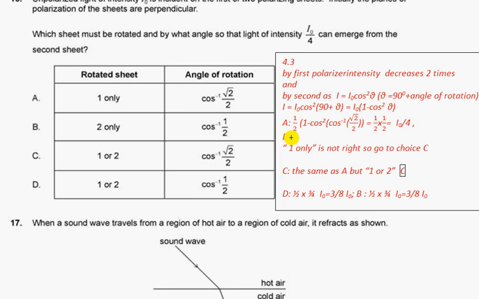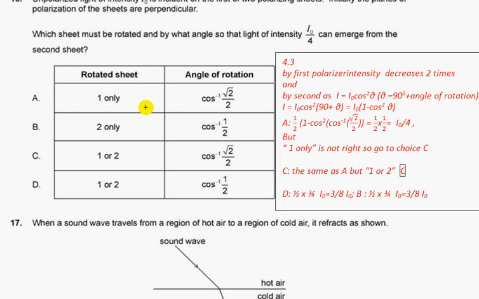First polarizer factor 1 over 2, second polarizer 1 minus cosine squared, cosine minus 1 square root of 2. This gives us 1 over square root of 2, cosine squared gives us 1 over 2, 1 over 2 times 1 over 2 gives us 1 over 4. But here the choice is 1 only.